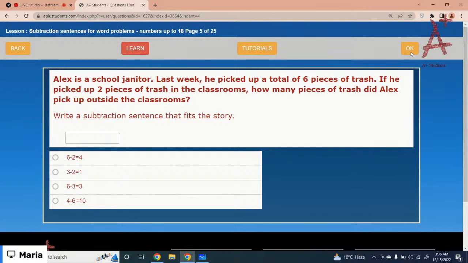So you have to do 6 take away 2. So 6 take away 2 is 4. So just select the correct option and click on the OK button.